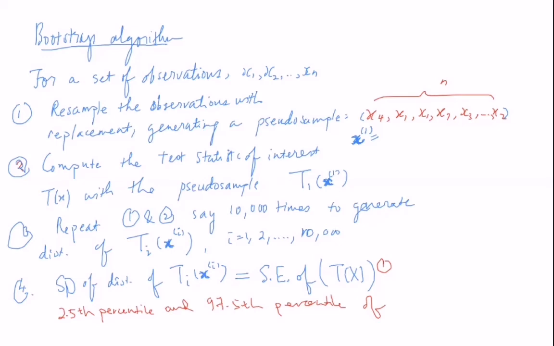Let me see. Over here, you can have, for example, this is an example, right? X bar of 1.